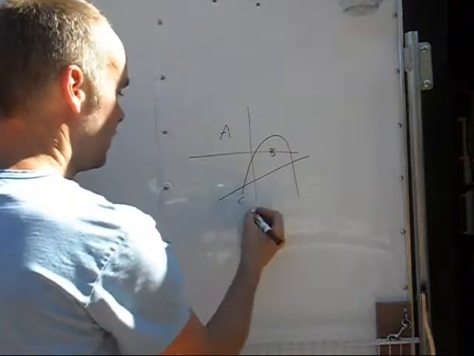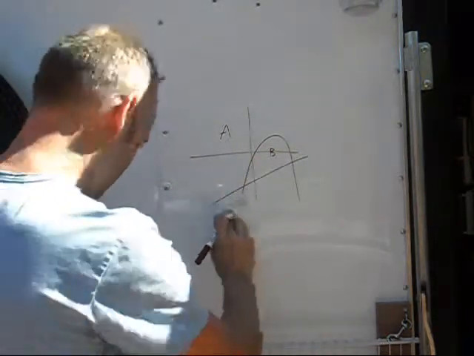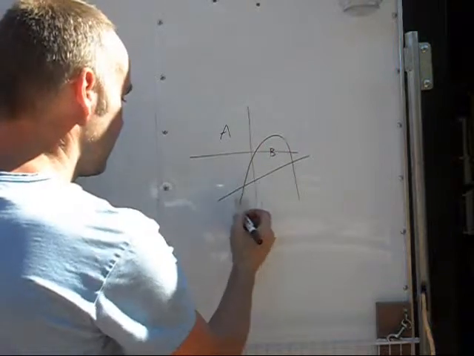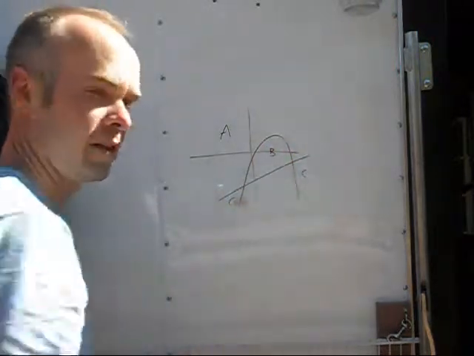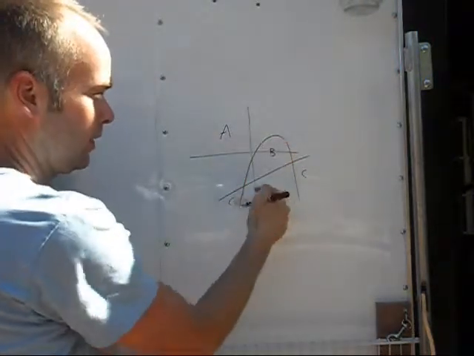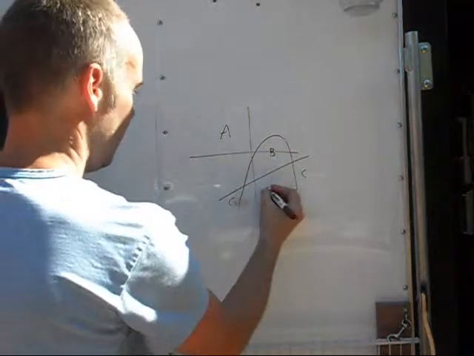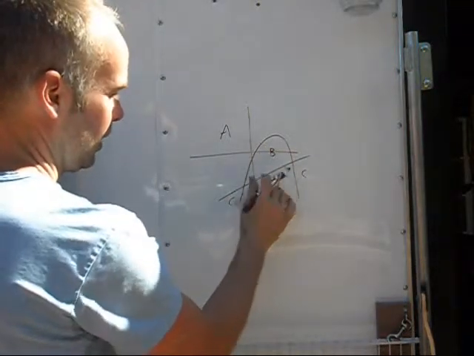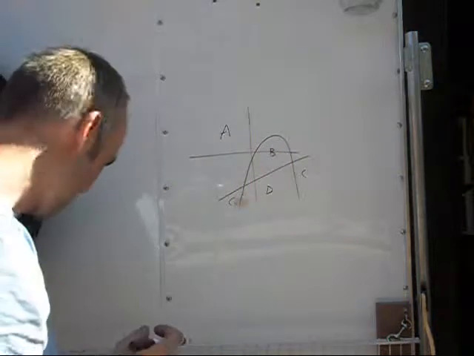We have C, which is here and here, so basically everything below the line except for what's under the parabola. And then we have D, which is everything below the line and inside the parabola.